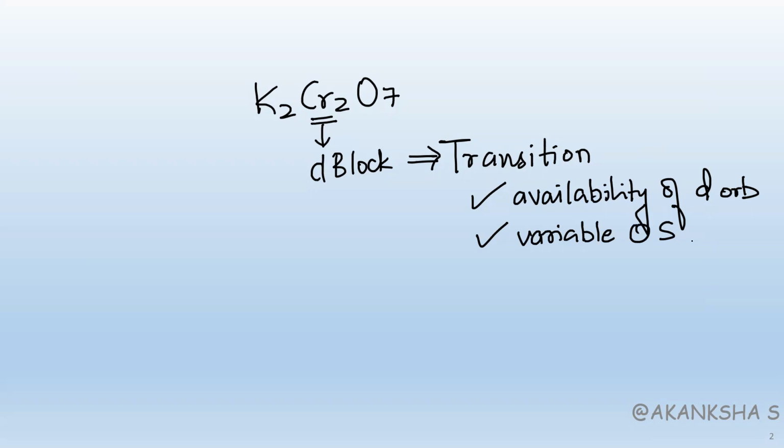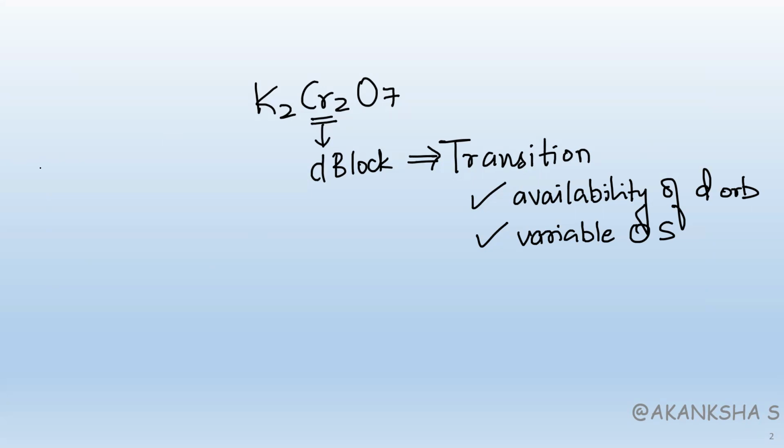Because of these two factors, chromium holds a very significant place in compound formation. It is one of these elements which are very famously known for their different oxidation states in different compounds. Let's take an example over here itself.